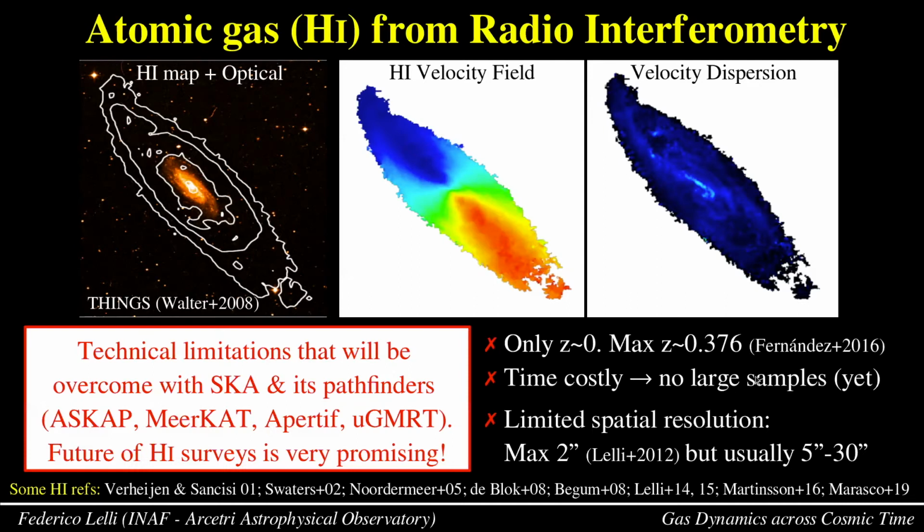But I want to stress that these limitations are mostly technical in nature, and several of them will be overcome with SKA and its pathfinders, such as ASKAP in Australia, MeerKAT in South Africa, Apertif in the Netherlands, and the upgraded GMRT in India. So the future of HI surveys is very promising.